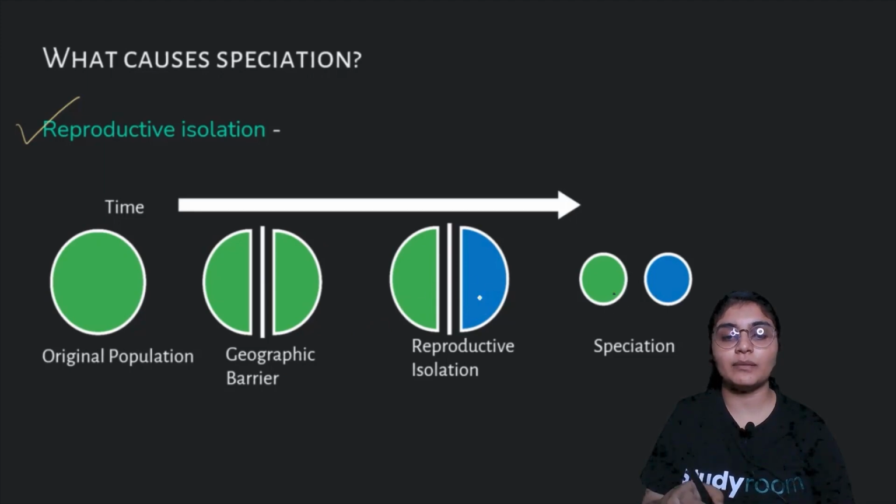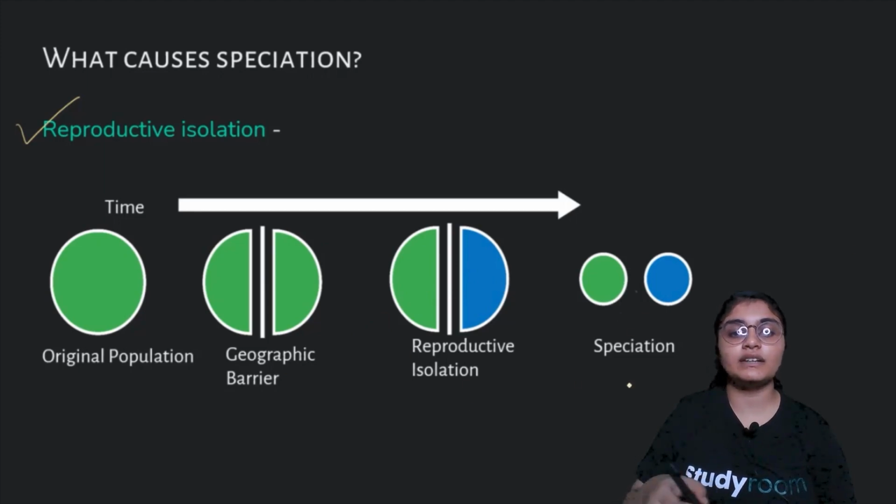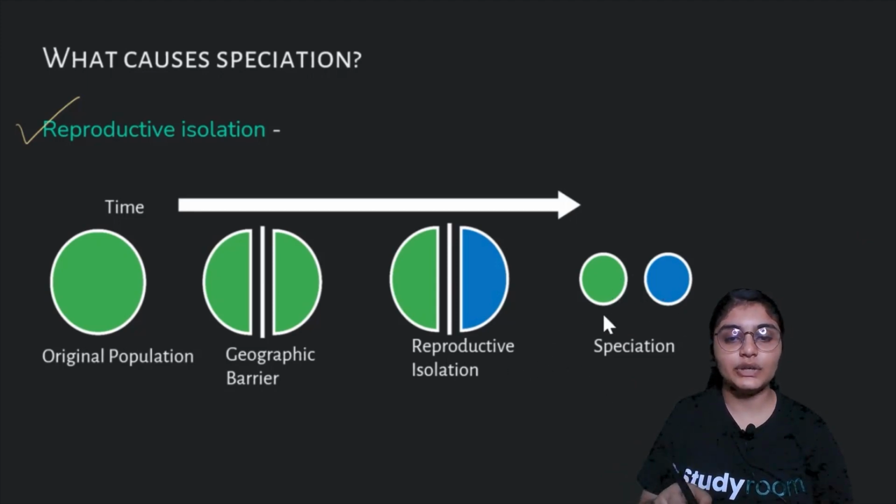They won't be able to reproduce among themselves and produce fertile young ones. That is why reproductive isolation is present here. It gives rise to new species, so we can term it a factor for speciation.